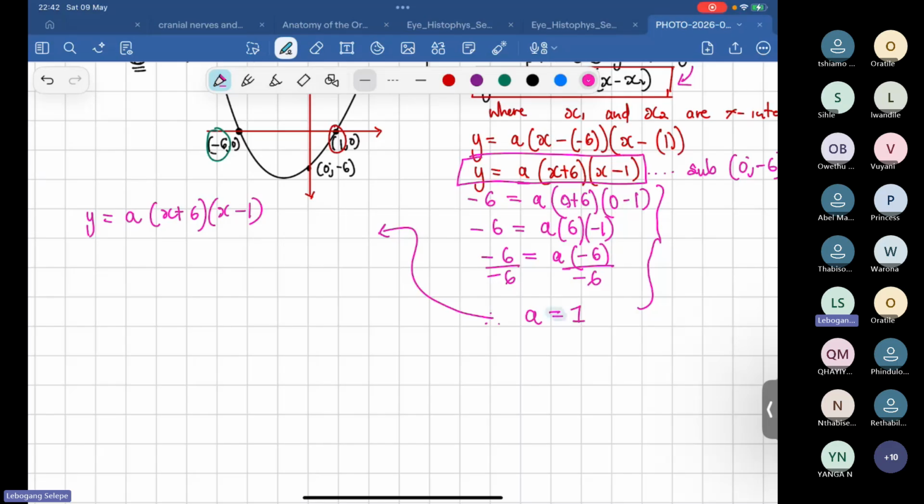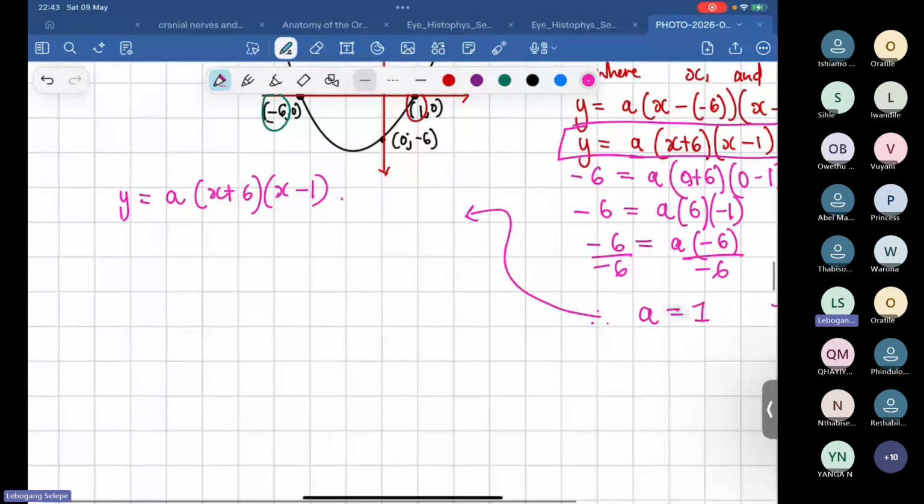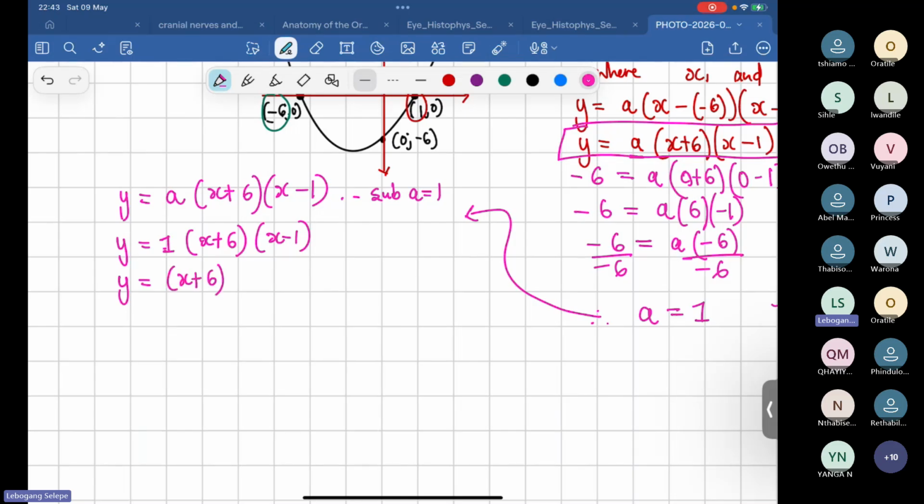Once we have the value of a, we are fine. So now we substitute a is equal to 1. This is going to be y is equal to 1 into (x plus 6)(x minus 1). This will be y is equal to (x plus 6)(x minus 1), because everything is multiplied by 1.